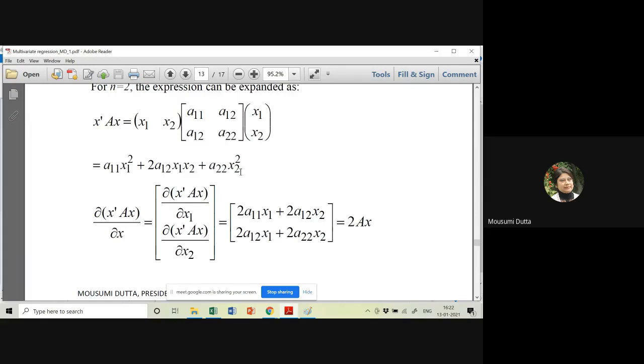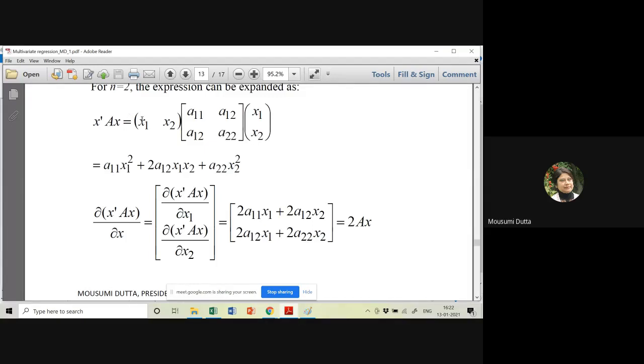From the second expression, I'm getting 2a12 x1 plus 2a22 x2. This is equivalent to 2Ax. I can take 2 common, so you will get 2, and then a11, a12, a12, a22, that is the A matrix that has been multiplied with x1, x2.